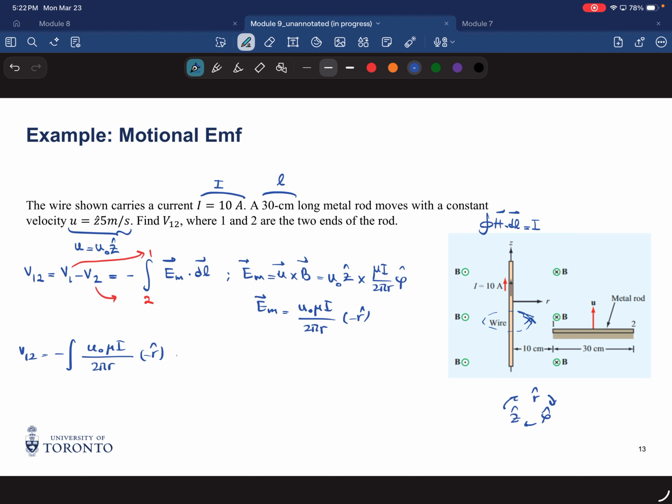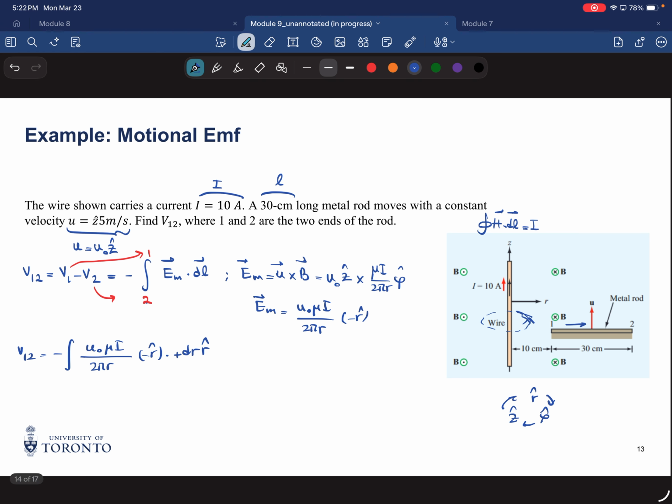Minus r hat dot dl, when we are on the rod, is going to be dr r hat. Remember, when we want to write dl, we don't consider the direction. It's always going to be positive dr r hat. We take care of the direction by using the right bounds here.